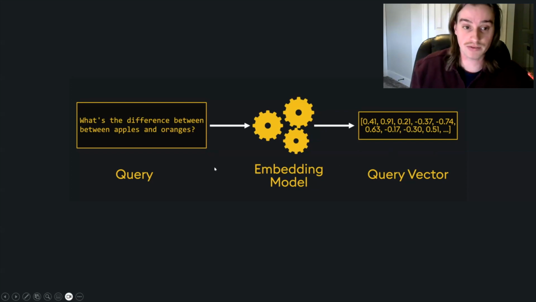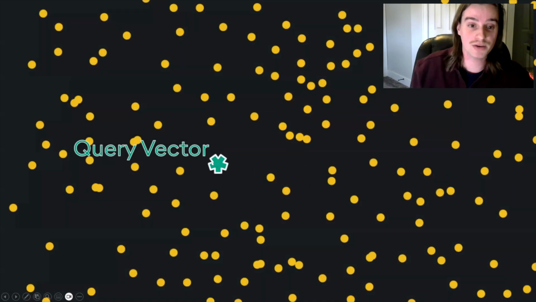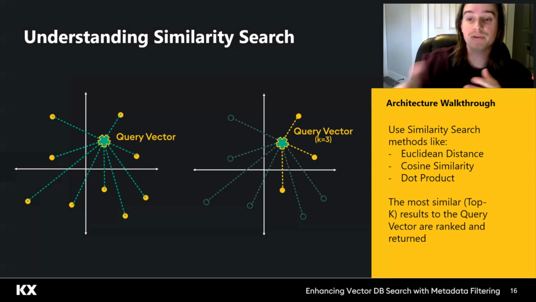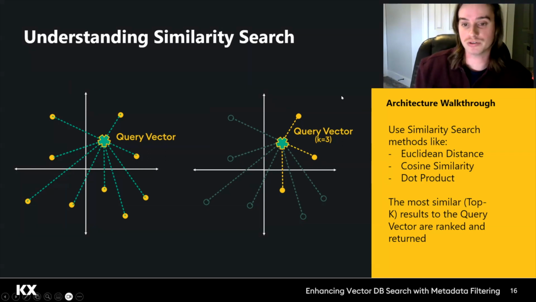And now we have the query that the user is asking in a vector format. And what this means is that we can compare the query with the vectors in the vector database. So when we have both of these things together and we can compare them, that means we can do a similarity search between the two.